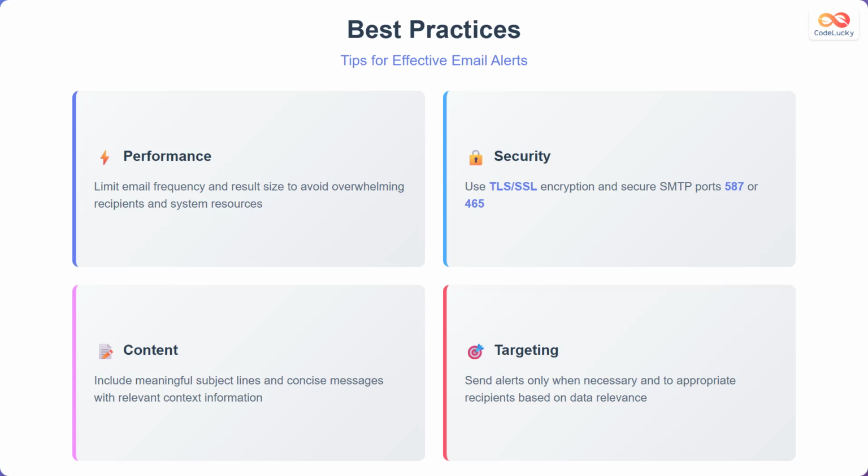For content, include meaningful subject lines and concise messages with relevant context information that helps recipients understand the significance of the alert. For targeting, send alerts only when necessary and to appropriate recipients based on data relevance, avoiding alert fatigue and ensuring important notifications receive proper attention.